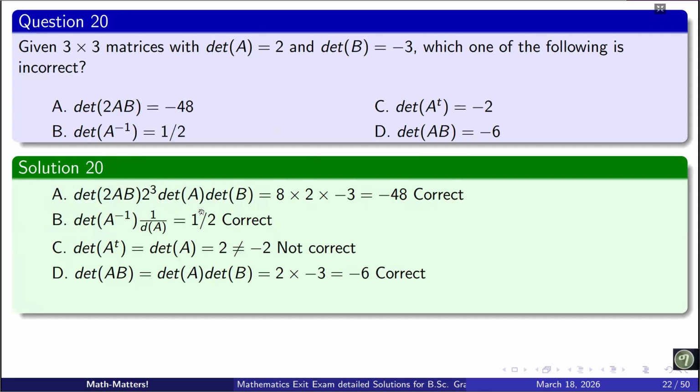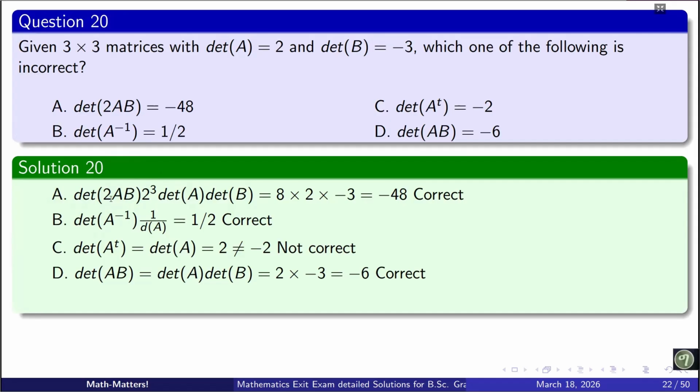For example, the first one, the determinant of twice of AB, there must be equality here. The determinant of twice of AB is equal to 2 to the power of 3, whenever 3 is the order of the given matrix. Whenever we multiply a matrix by a certain constant k, the determinant of the original matrix will be multiplied by k to the power of n, whenever n is the order of the matrix.